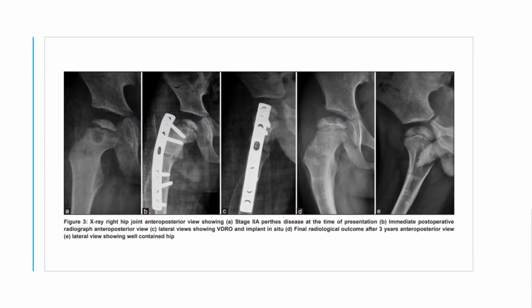This picture shows the progression of this study, with an X-ray taken from one of the patients. It shows the late presentation of Perthes disease during the surgery and then the affected femoral head after the surgery.